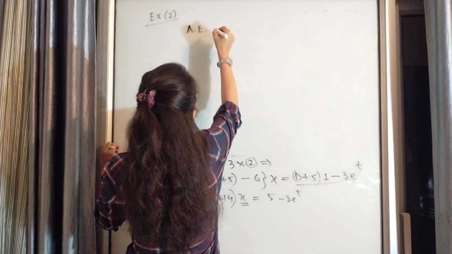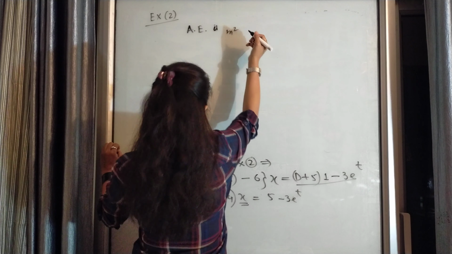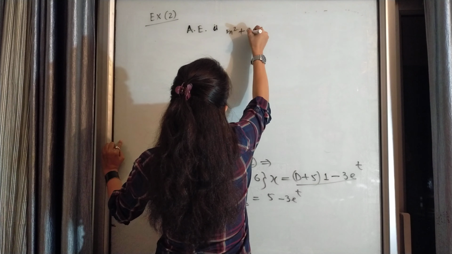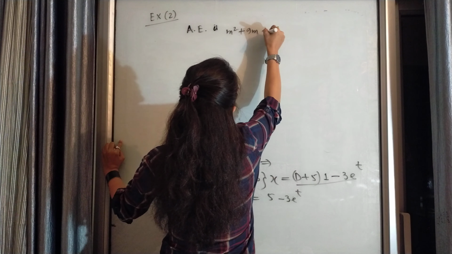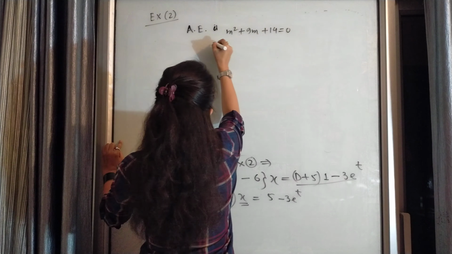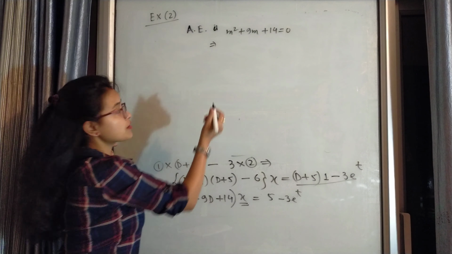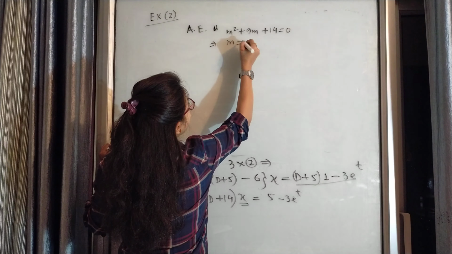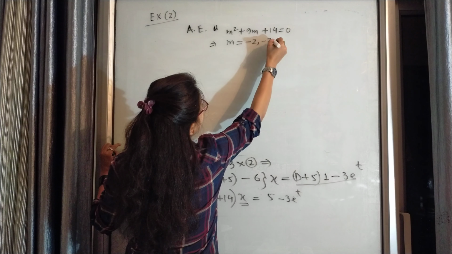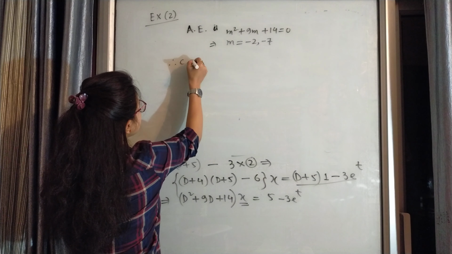So the auxiliary equation is here m square plus 9m plus 14 is equal to 0. Solving this, we will get m equal to minus 2, minus 7.